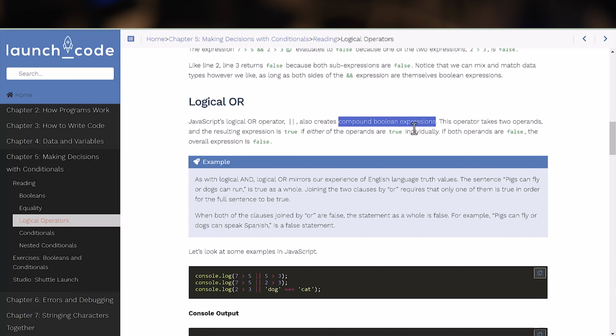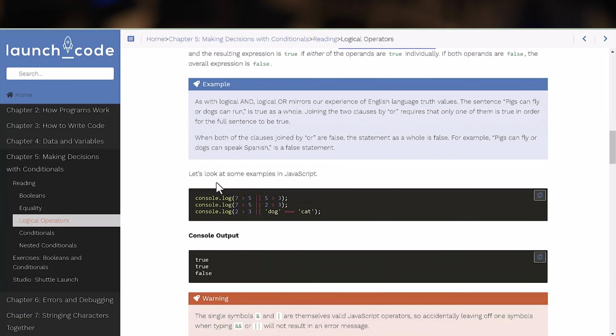Now, when we get down to the logical OR, this is something different. The JavaScript logical OR operator, which is the two pipes, also creates a compound Boolean expression. Know what that means. Remember that. A compound Boolean expression has 2 or more operands.